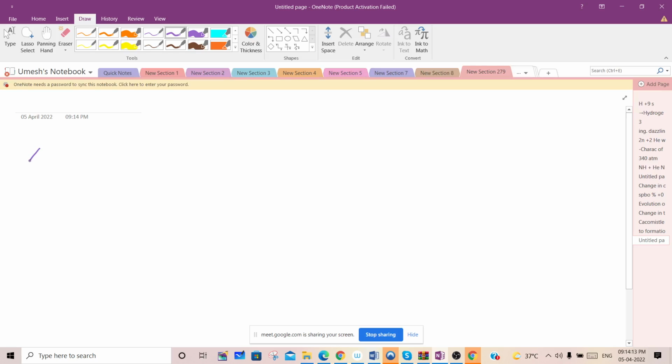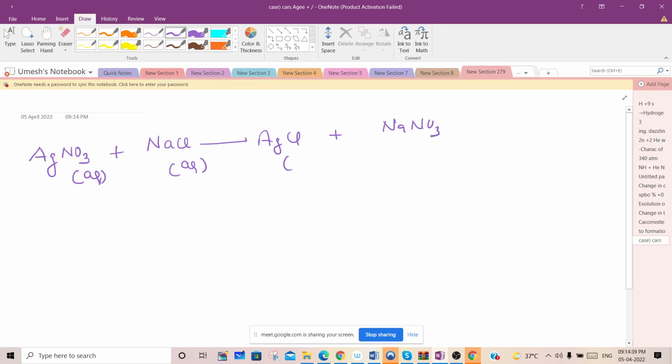Here I have silver nitrate, AgNO3. Aqueous solution means dissolved in water, and I'm adding sodium chloride to it. It will form AgCl plus sodium nitrate. Here I am getting a white color precipitate. For the precipitate, we write PPT.